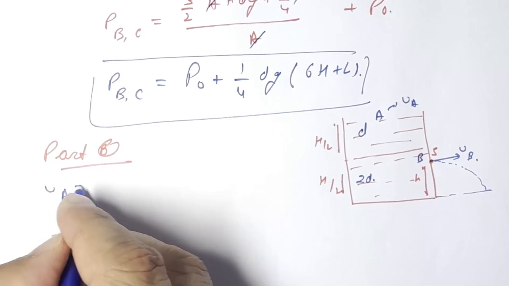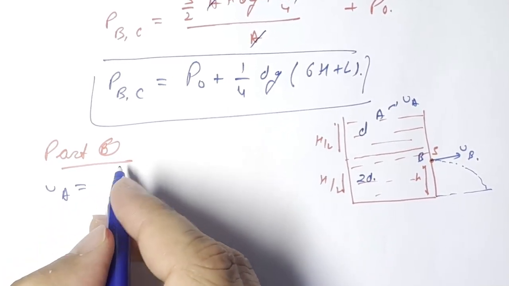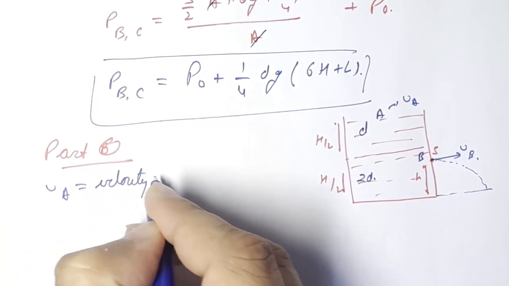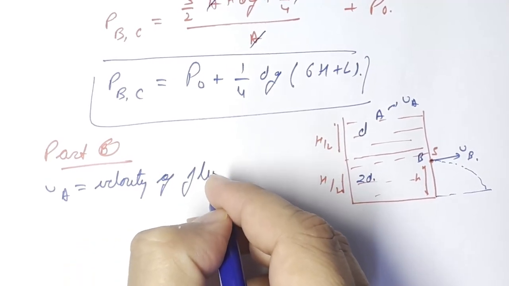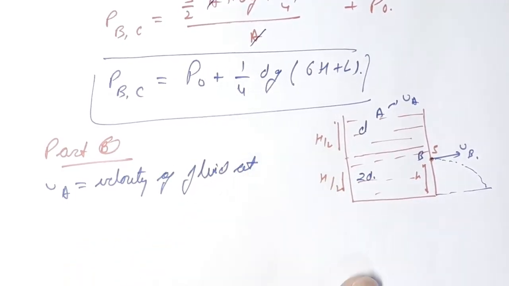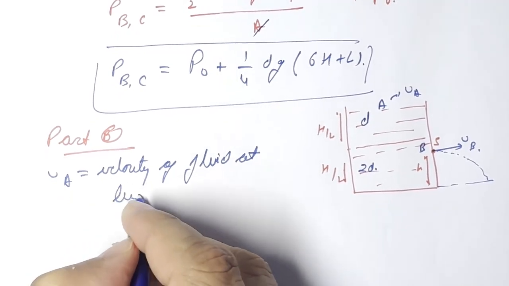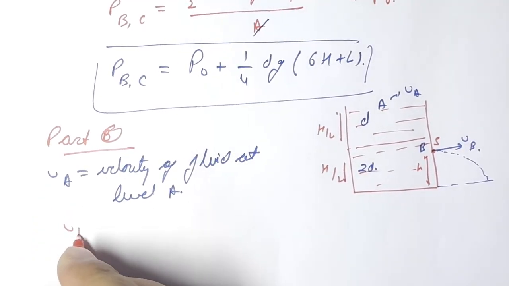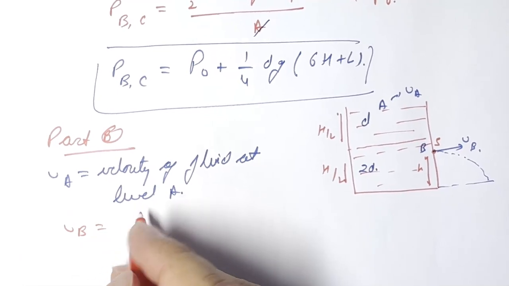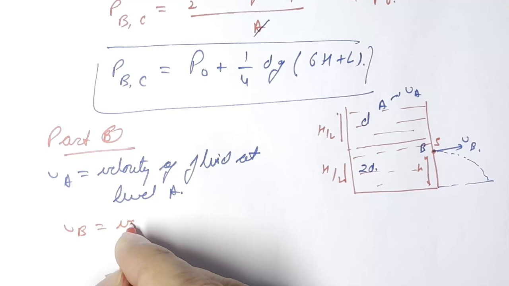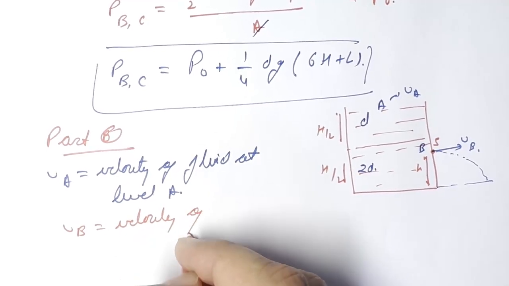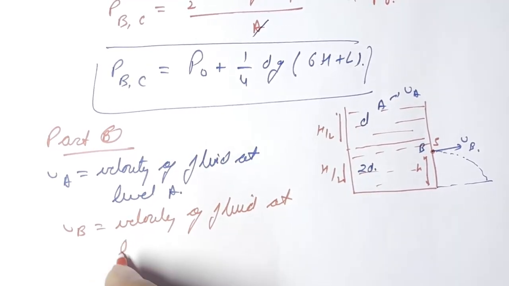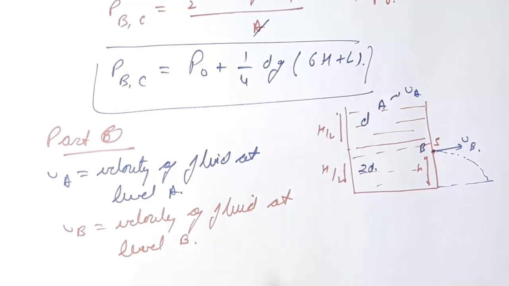We say VA is the velocity of the fluid at level A, and VB is our velocity of fluid at level B.